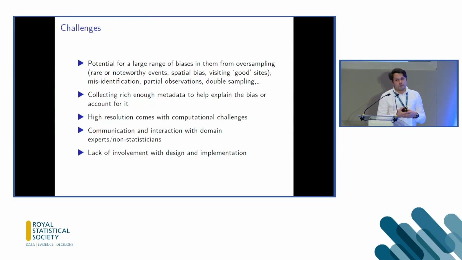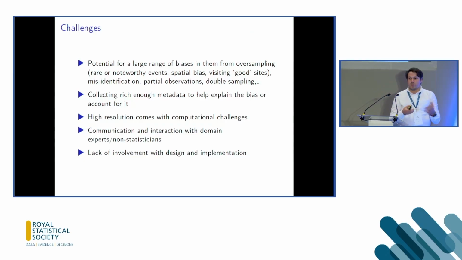There's also a potential for misidentification. Some of these species are incredibly difficult to tell apart, and even the experts may struggle, so we may have issues of misidentification. Partial observations, so in these checklists people might just note down species that were particularly interesting, so we potentially miss some of the more common species or less interesting ones.